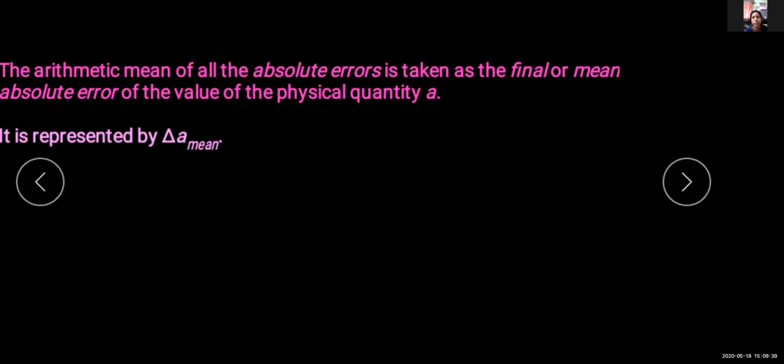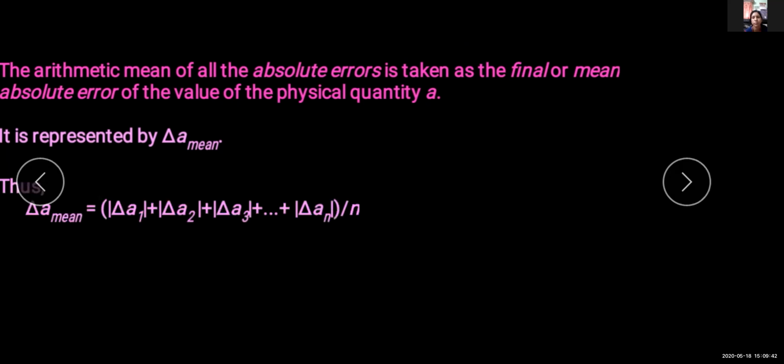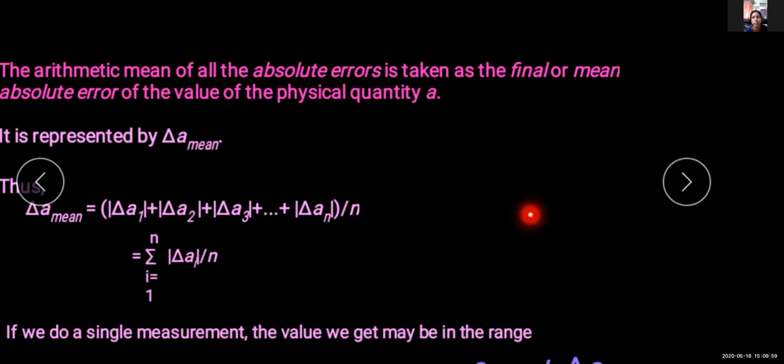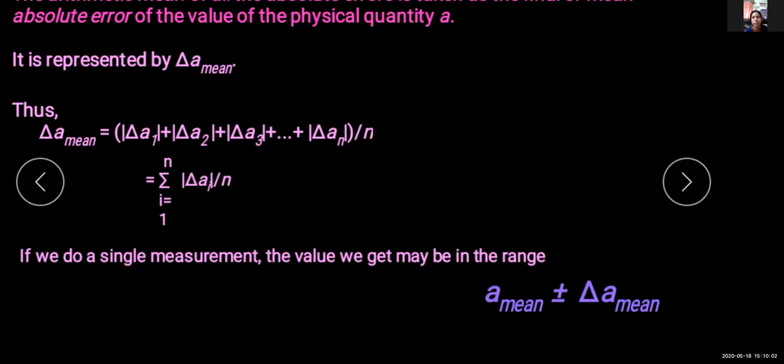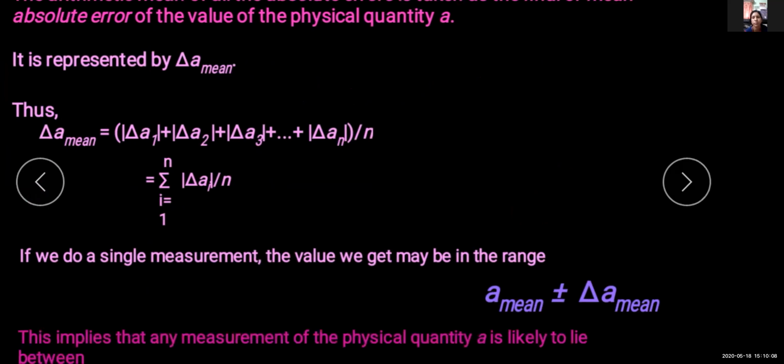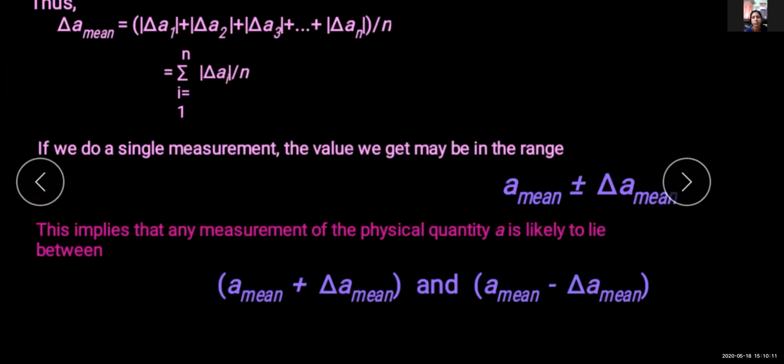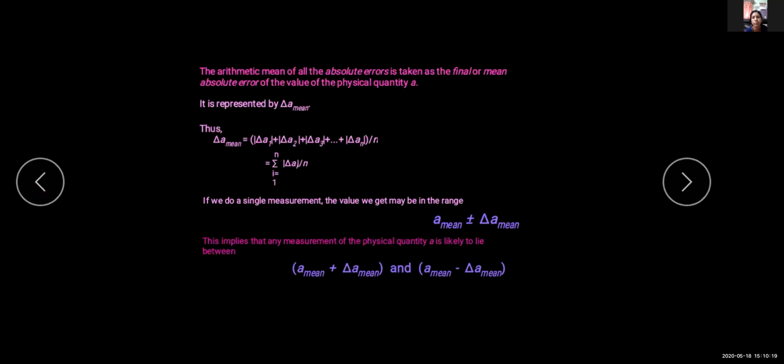Taking the arithmetic mean, we can write delta A mean equal to delta A1 plus delta A2 plus delta A3 plus so on up to delta AN, divided by N. So we can write summation i equal to 1 to N delta Ai divided by N. If we do a single measurement, the value we get is A mean plus or minus delta A mean. This implies that any measurement of the physical quantity is likely to lie between A mean plus delta A mean and A mean minus delta A mean.